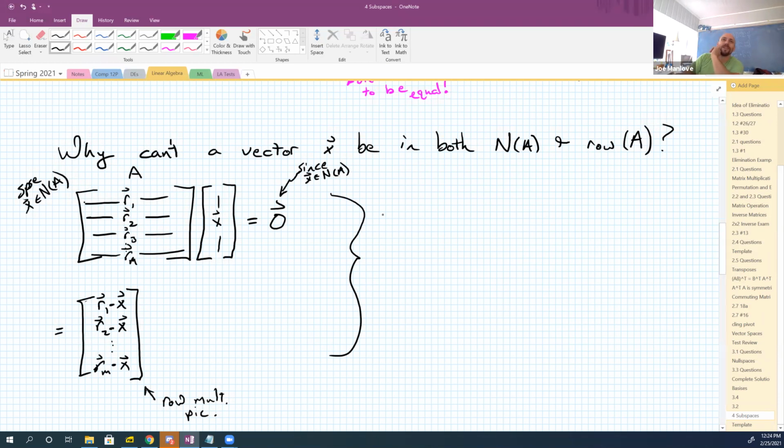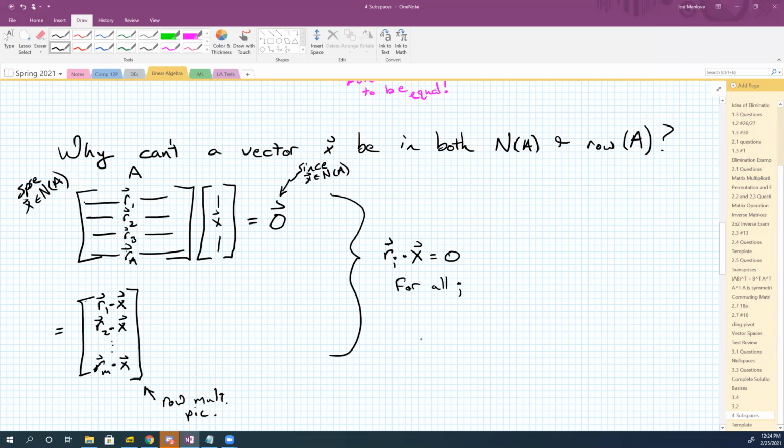So this would mean, right, that Ri dotted with X is 0 for all i's. What does it mean when the dot product's 0? Oh, parallel? Close. Perpendicular. There's the brain pop. Yep.